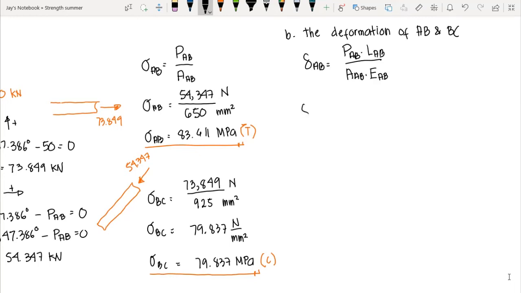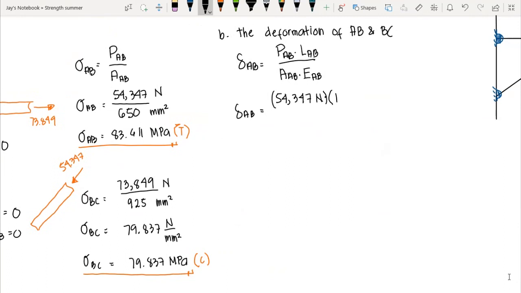So we have here the deformation of AB is equal to the axial force of AB, that is 54,347 Newton. Our length of AB here is equal to 1,250 millimeters, over the cross-sectional area of AB, that is 650 millimeters squared.